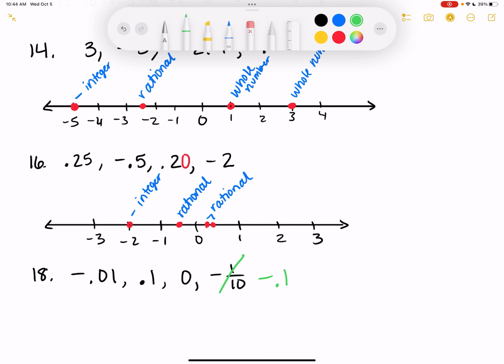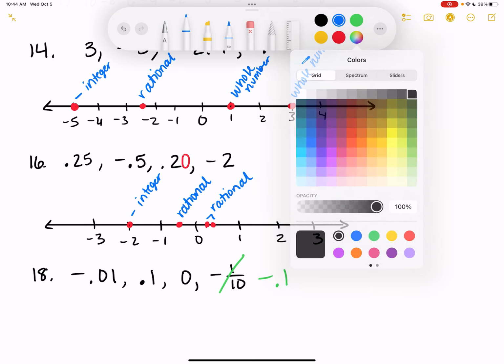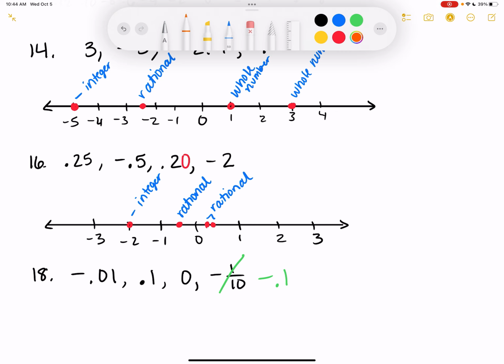So if I wanted to think about this in terms of money, just because I think sometimes that helps a little bit, 0.01 is going to be 1 penny, so it's going to be 1 cent. 0.1 would be a dime, so that's going to be 10 cents. Obviously 0 is just 0.